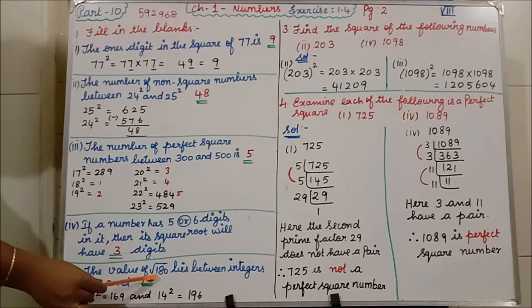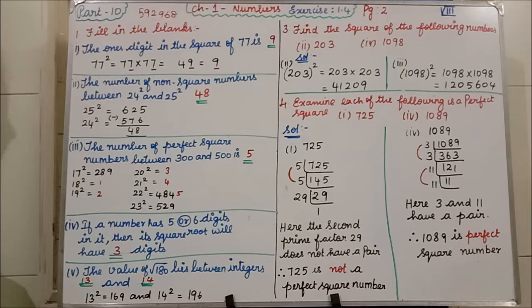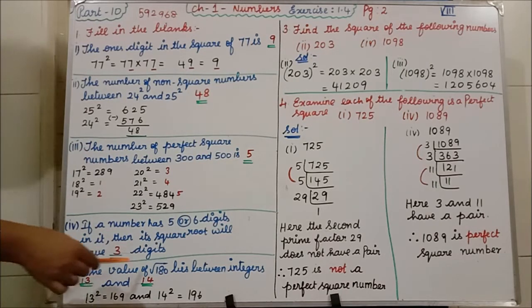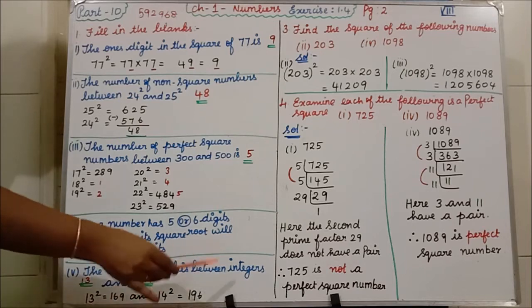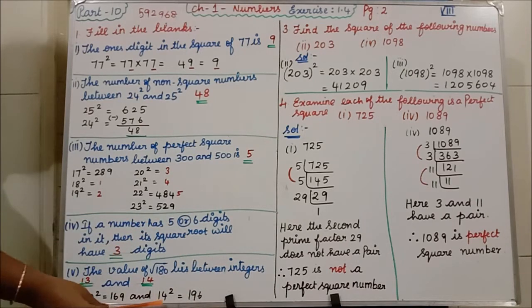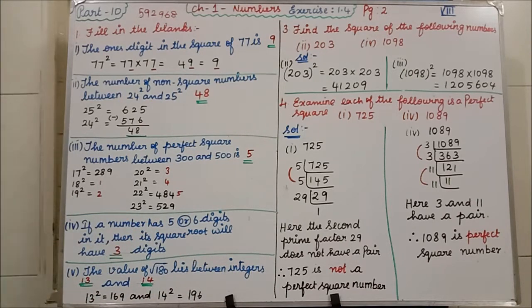So that 180 number will come in between 169 and 196, isn't it? So the value of square root of 180 lies between integers 13 and 14. Clear students, all of you, that is the fill in the blanks. Next, the second question is true or false, that you are going to do by yourself. That is your homework.